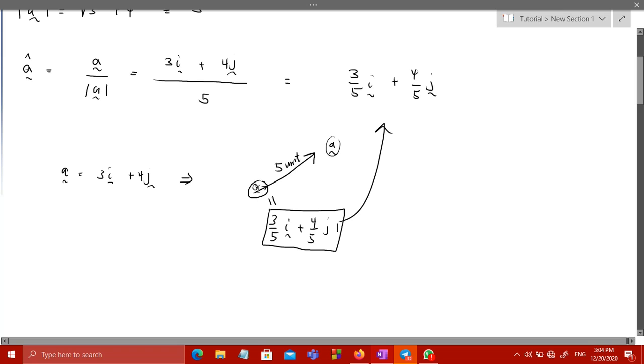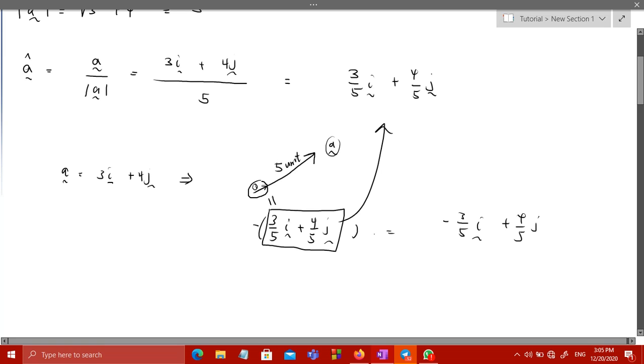So this is what we call the unit vector of vector A in the direction of A, meaning this 3 over 5 i plus 4 over 5 j has the same direction as vector A itself. If the direction of the unit vector is not the same as the original vector, then you just put the negative sign in front and it becomes negative 3 over 5 i plus 4 over 5 j.